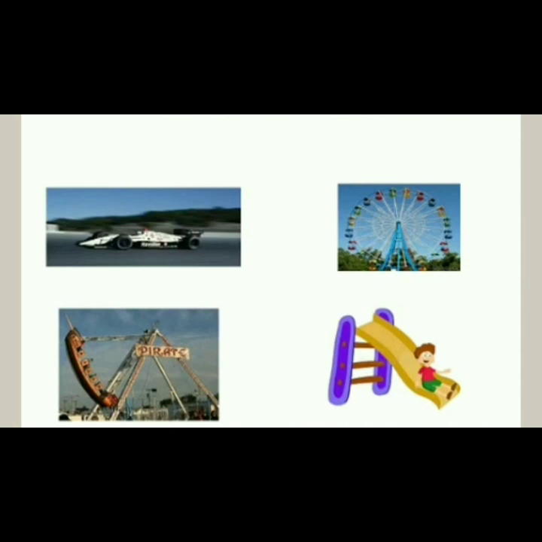Circular motion is the movement of an object along the circumference of a circle, or rotation along a circular path. And the motion that repeats itself after some period of time is called periodic motion.